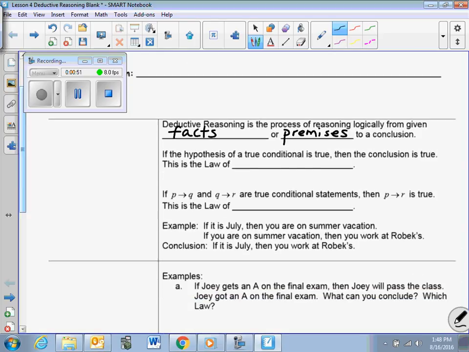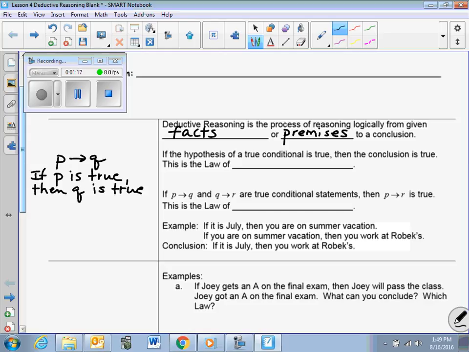Facts never let us down. If the hypothesis of a true conditional is true, then the conclusion is true. So in other words, I've got if P, then Q, right? So if I know that P is true, if the hypothesis is true, then all this is saying here that Q is true also.